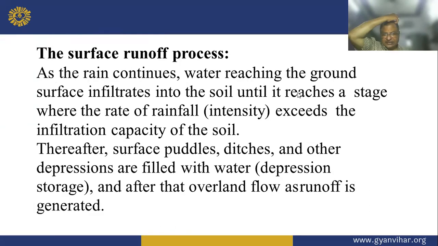The surface runoff process. As the rain continues, water reaching the ground surface infiltrates into the soil until they reach a state where the rate of rainfall intensity exceeds the infiltration capacity of the soil.